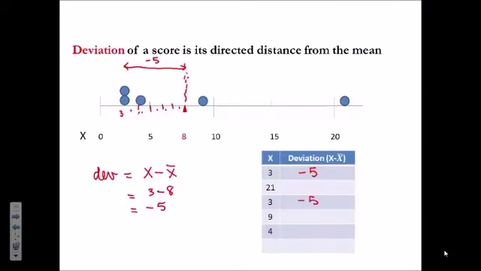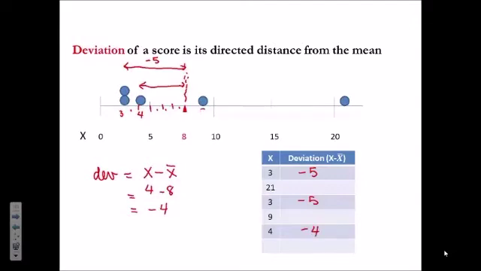Now what about 4? The deviation of 4. How far is 4 from the mean 8? We could use this algebraic formula and say the deviation of 4 would be 4 minus 8, or negative 4.